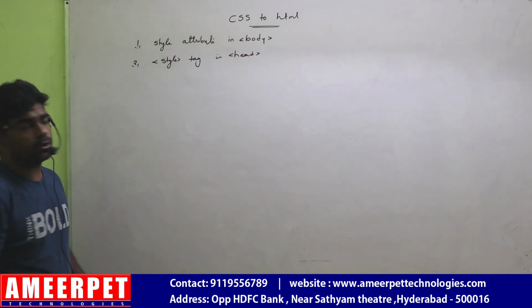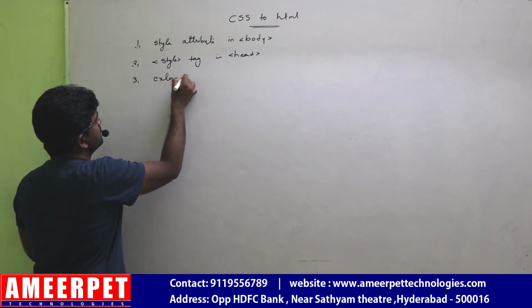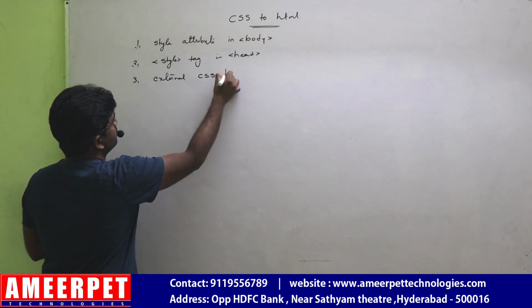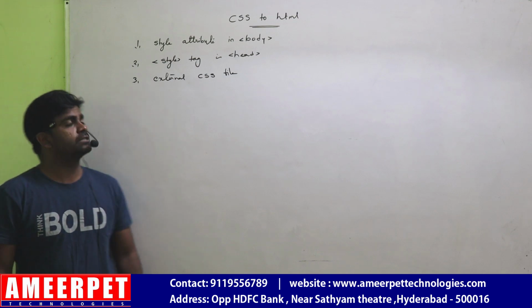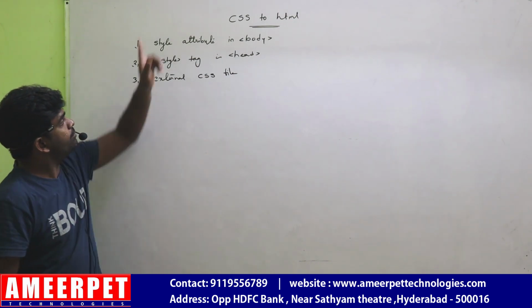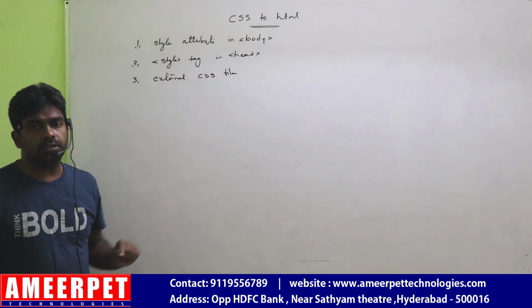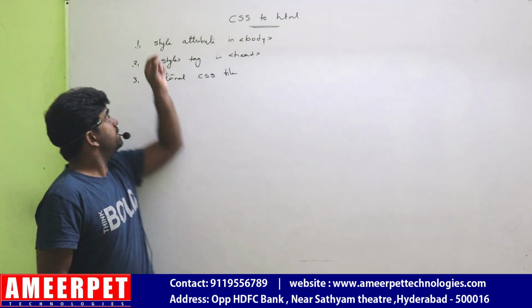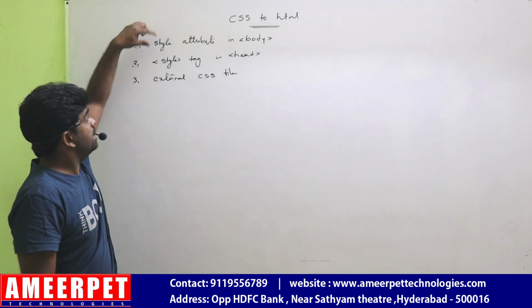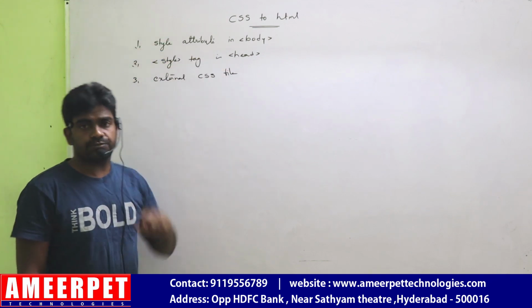Third one is external CSS file. All the three we are using. So when we go with the first option, when we go with the second option, and when we go with the third option, easily we can remember. First one is a style attribute. Second one is a style tag. Third one is an external CSS file.